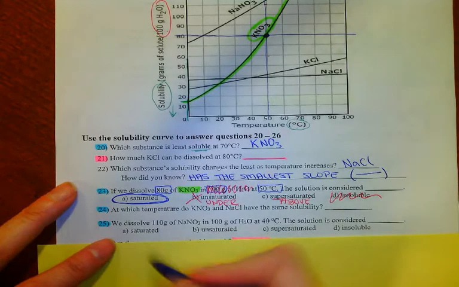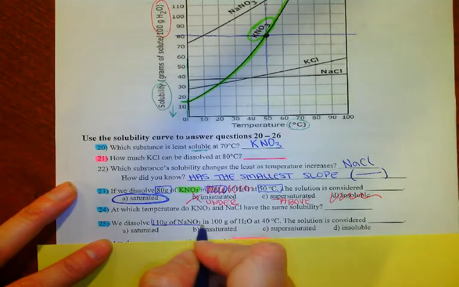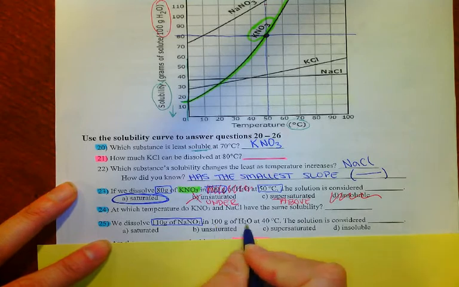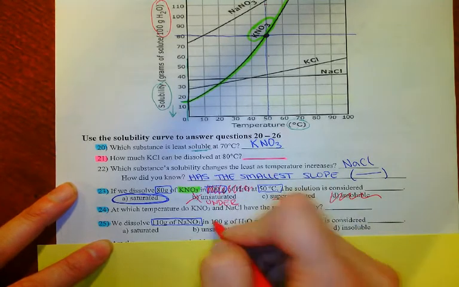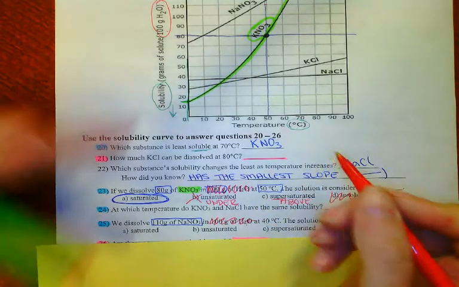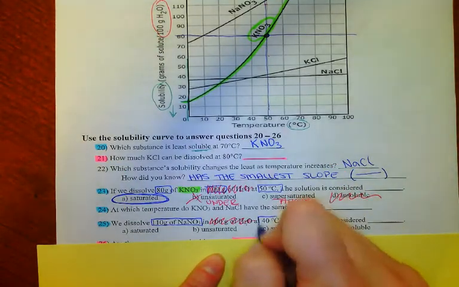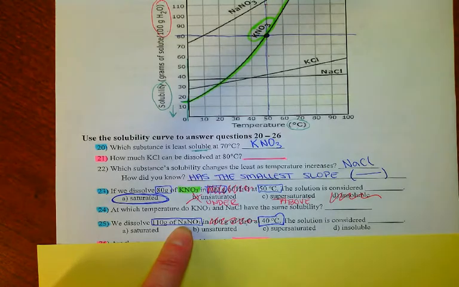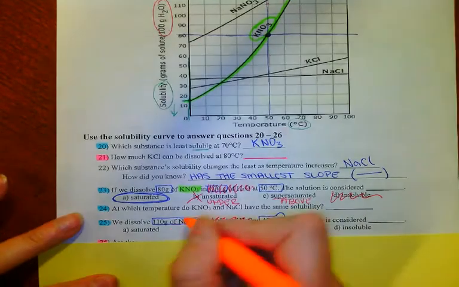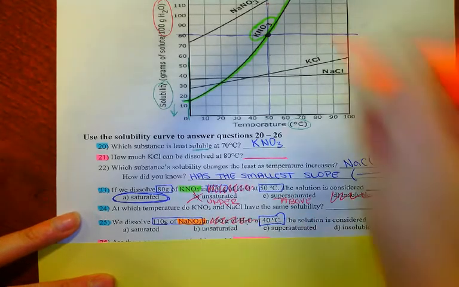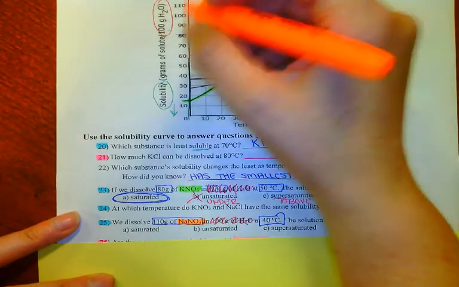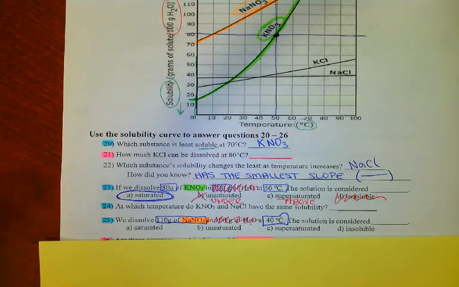Number 25, we dissolve 110 grams of NaNO3 in 100 grams of water, which I can cross that out. That just means according to this table at 40 degrees Celsius. So I haven't looked at NaNO3 yet. So I'm going to go ahead and just pick orange for that one. So I know to focus on this information and say this is my NaNO3. Okay.